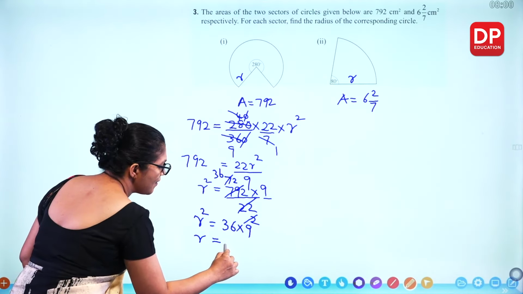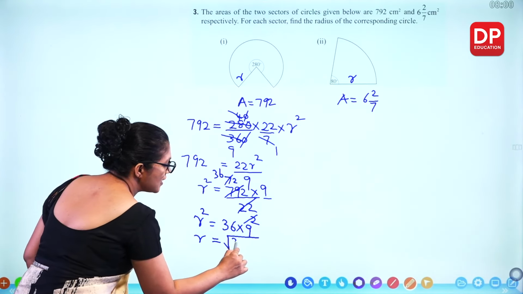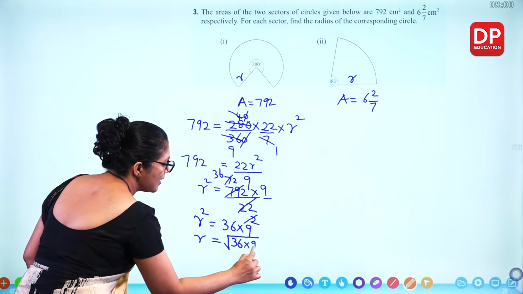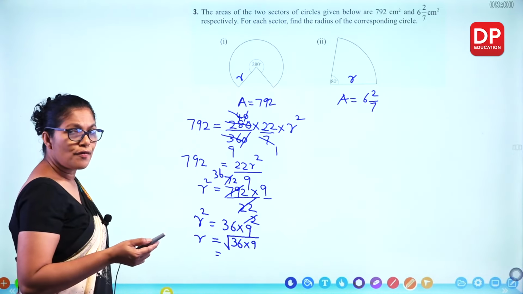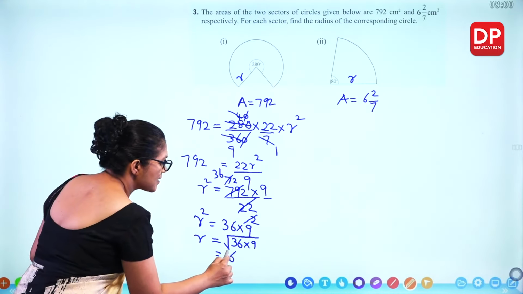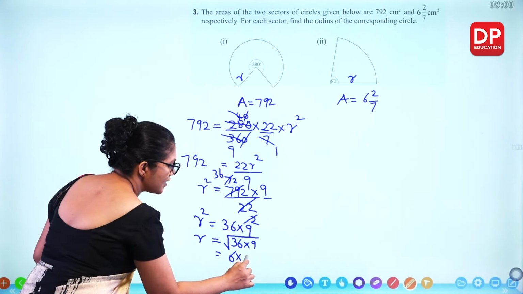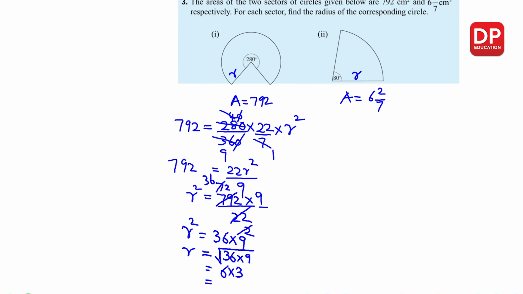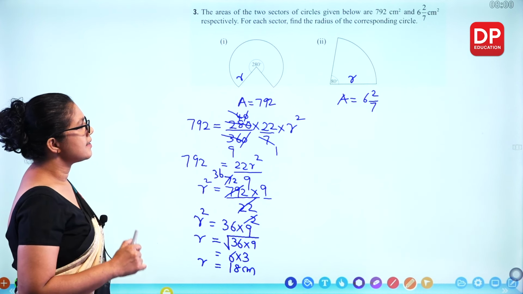So here I can write square root of 36 and 9. We know square root of 36 is 6, square root of 9 is 3. So what's the answer? 6 times 3, 18 centimeters is the radius for this sector.